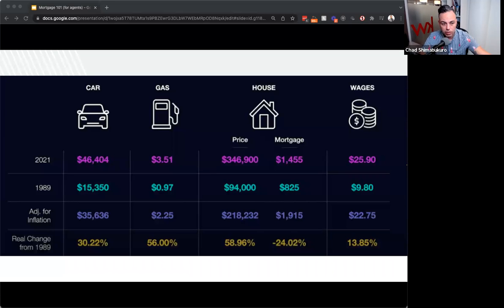I don't know about you guys, but it was upwards of $5, almost $6 the other day. Houses averaged $94,000 in 1989, and $347,000 in 2021. And then wages have changed too. But here's what people have to understand: in the mortgage column, it's gone down by nearly 24%. In the 80s, the interest rates were in the double digits. So that's something you have to account for.